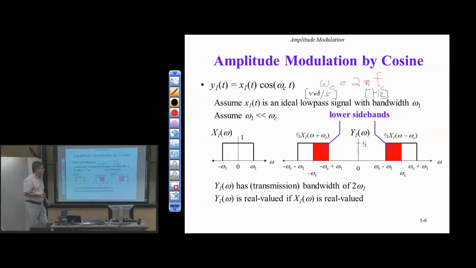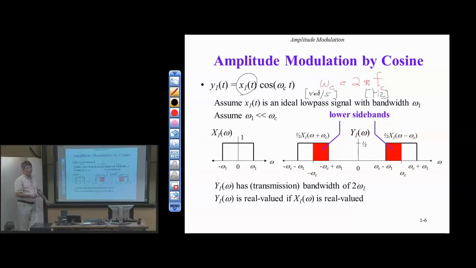But multiplied by cosine of fixed frequency omega c, if x1 is baseband, then as we saw in lecture 0, the bandpass spectrum, x1 of capital omega, shifts to the right by the carrier frequency and to the left by the carrier frequency, and I scale by a half.